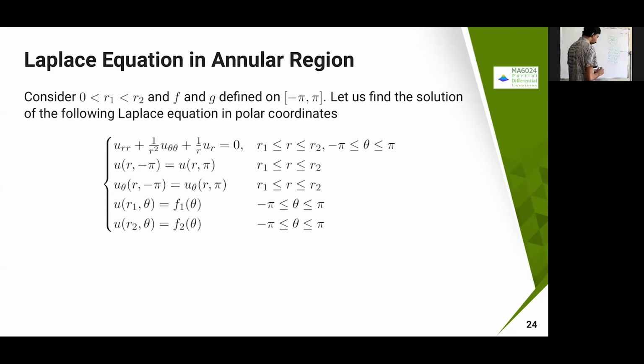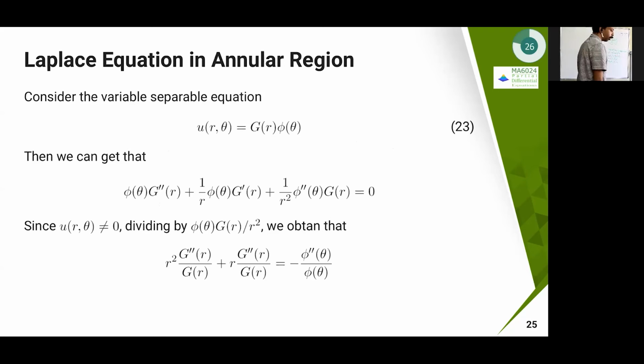Then in this case, once again, use the same kind of logic that we used in the earlier case. You define u of r comma theta equal to g of r into phi of theta. Then again do the same kind of arguments.